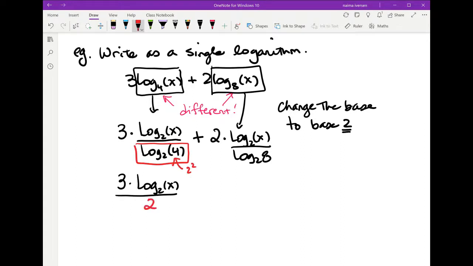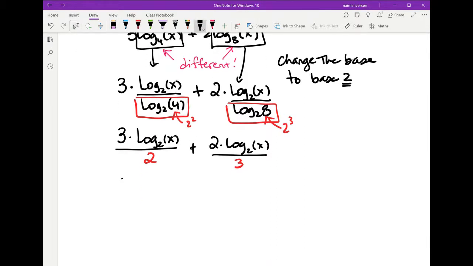Out pops the 2. The next one is going to be 2 times log base 2 of x divided by log base 2 of 8. So log base 2 of 8, log base 2 of 2 cubed, out pops the 3. So what I've got is 3 over 2 log base 2 of x plus 2/3 log base 2 of x.